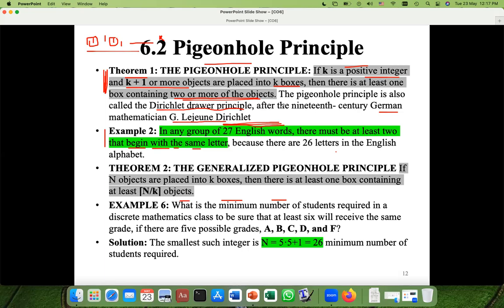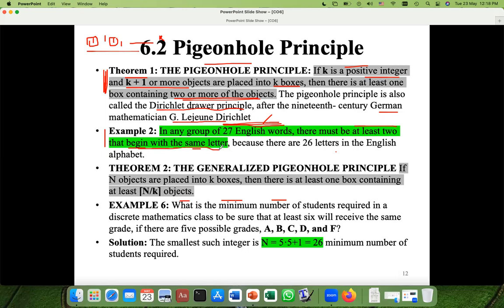That extra word can start with any of the existing 26 letters. So it says that at least 2 English words will begin with the same letter.